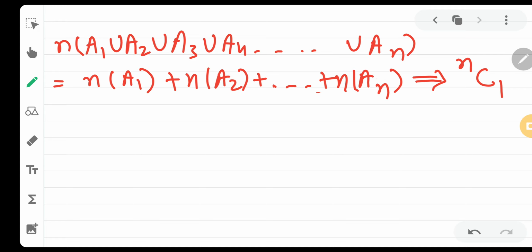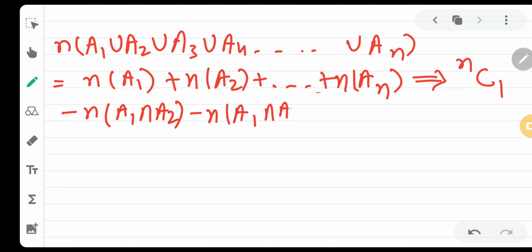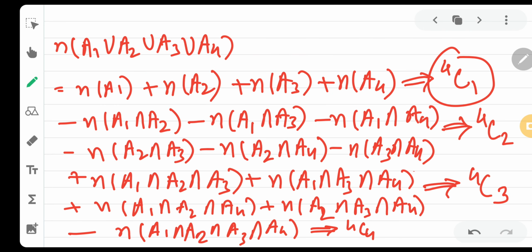Now I will take 2 sets in intersection. So minus number of A1 intersection A2, minus number of A1 intersection A3. Now there will be many possibilities which I cannot write down, but how many will there be? We already know, NC2 possibilities, right? Because we have noted down a pattern, NC2.